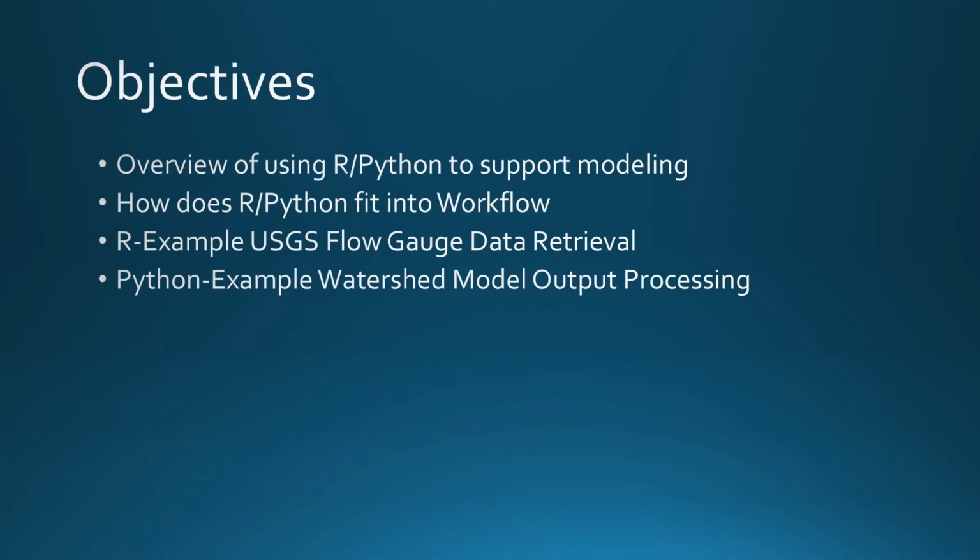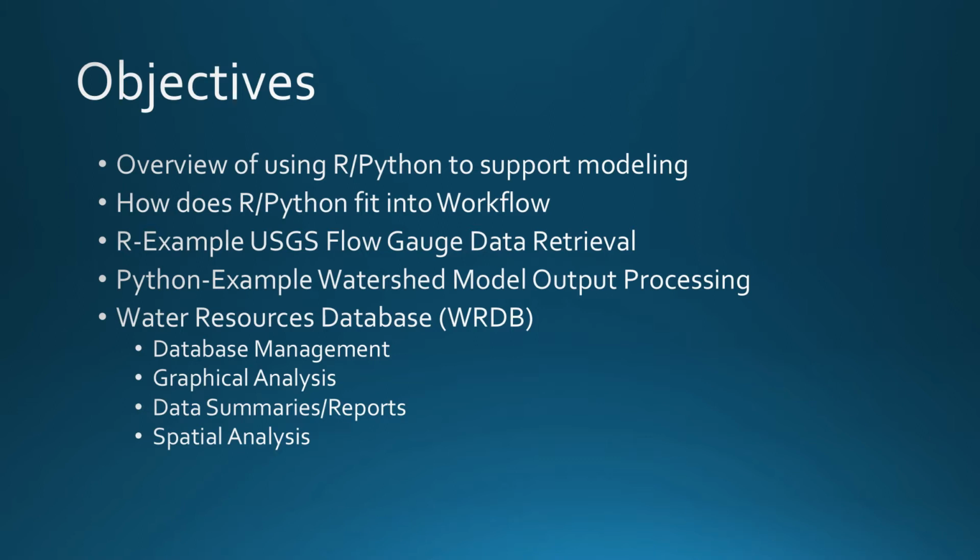I'll show a Python example where we process watershed model output and put it into a form that can be used by a water quality model. And then I'm going to spend a good bit of time talking about an open source program that you don't have to have any programming skills whatsoever to use, where you can import data and process it into a form that you can graphically analyze, do data summaries and reports, and actually look at them in a spatial component.